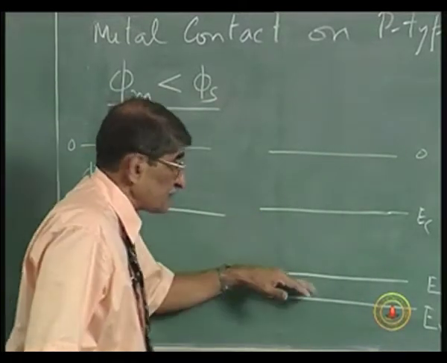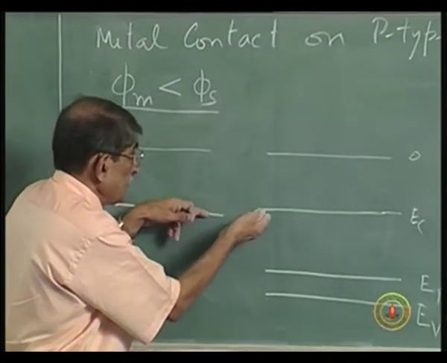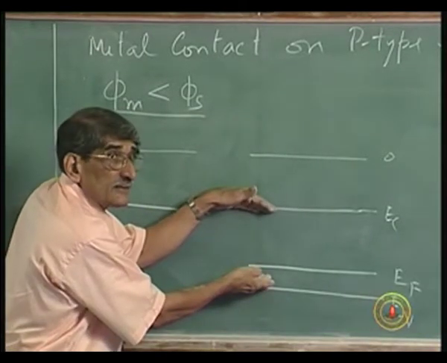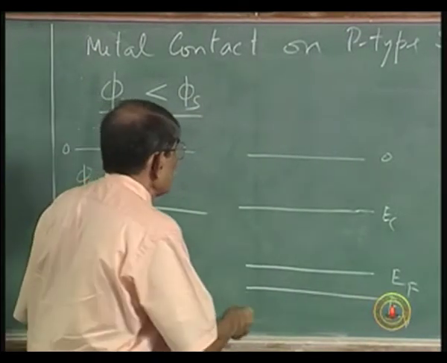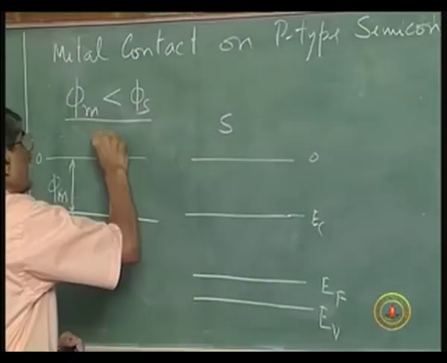If you take a p type substrate, that extra difference is there. This is almost matching there. If it is aluminum and a semiconductor, that extra difference is there. Now, let us see what would happen. So, this is the semiconductor, this is the metal.